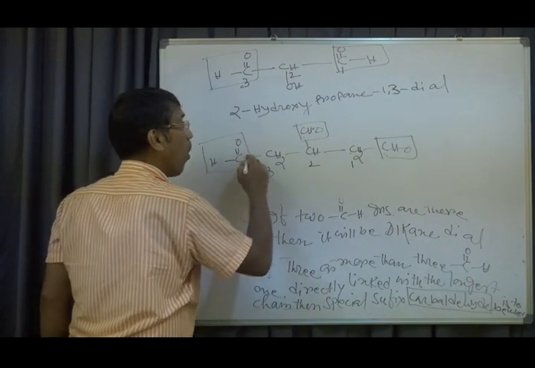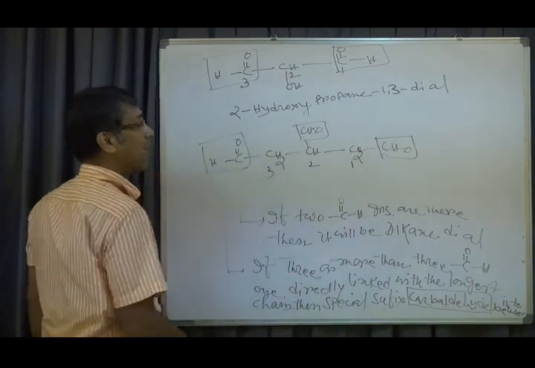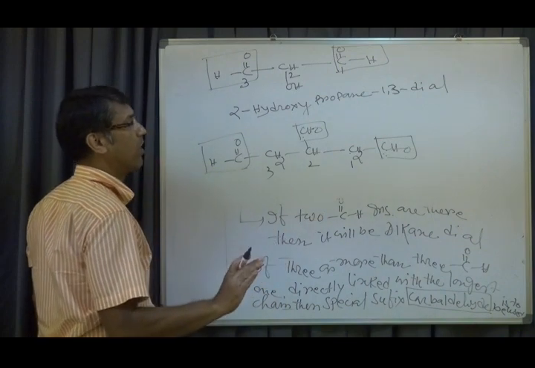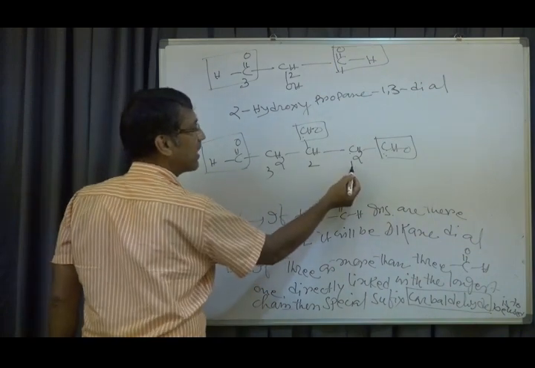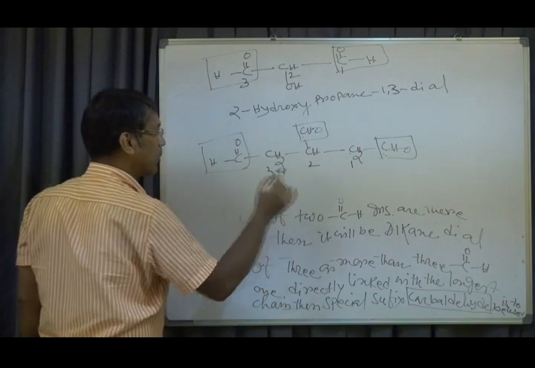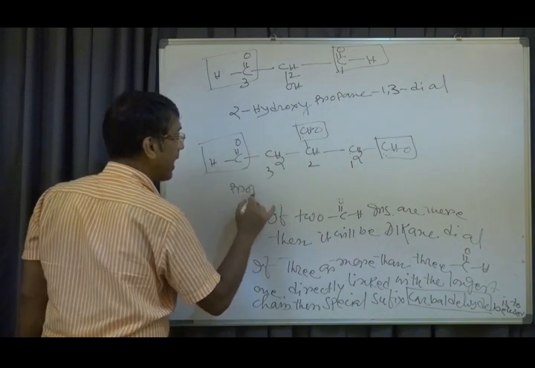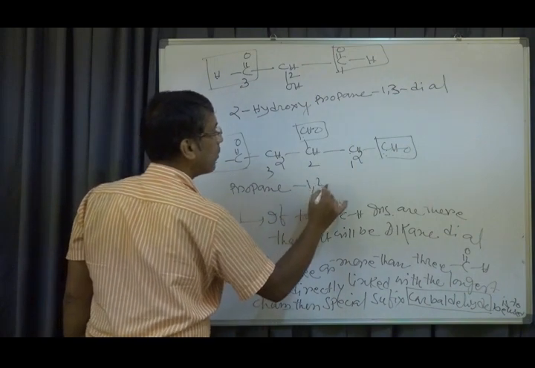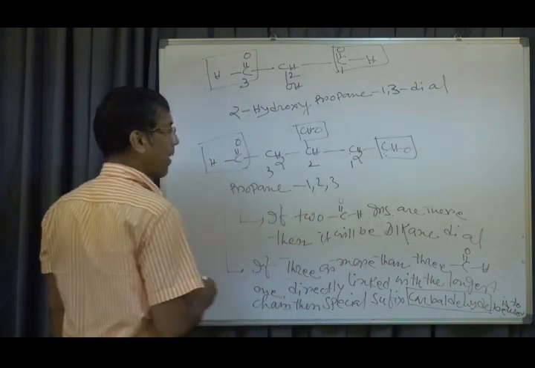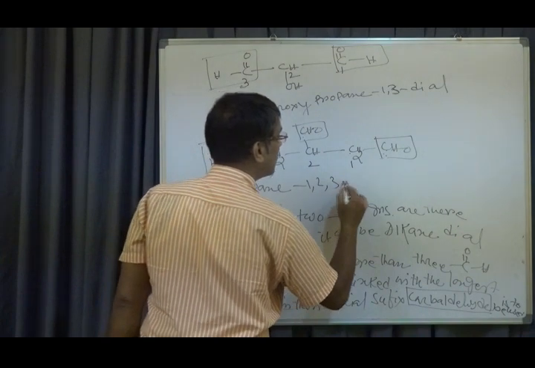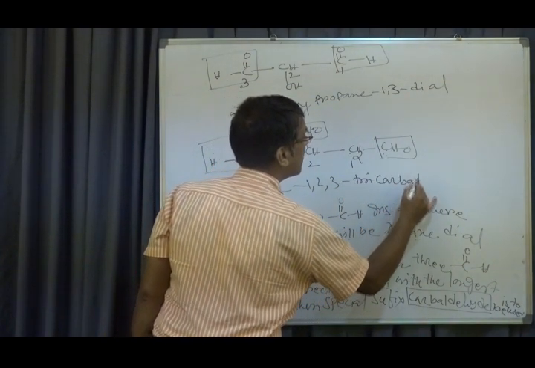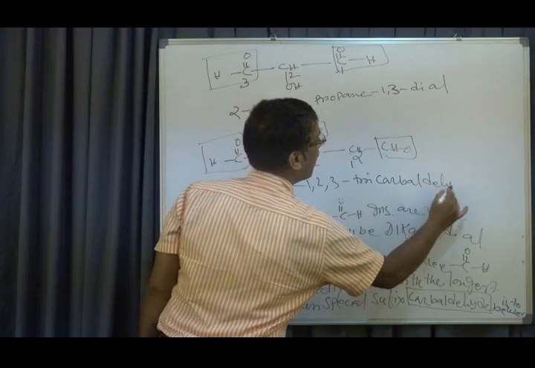Then all the functional groups are not considered in the longest chain, and the numbering starts 1, 2 and 3. So its name is propane 1, 2, 3 tricarbaldehyde. Special suffix tricarbaldehyde.